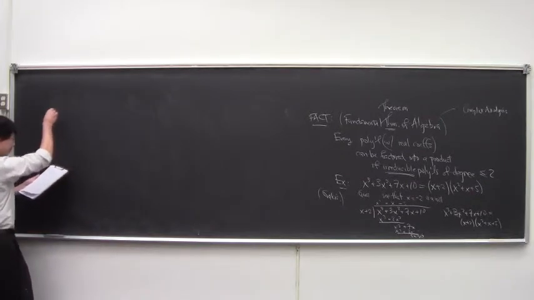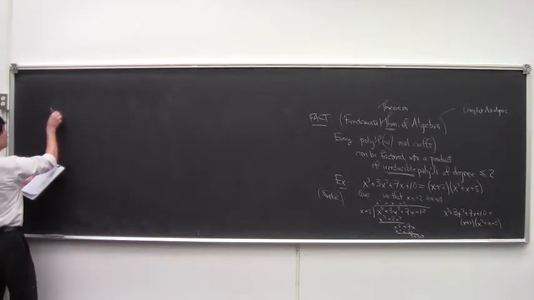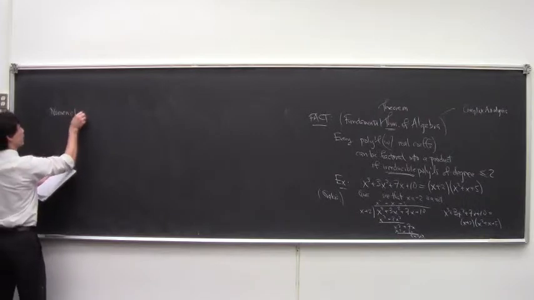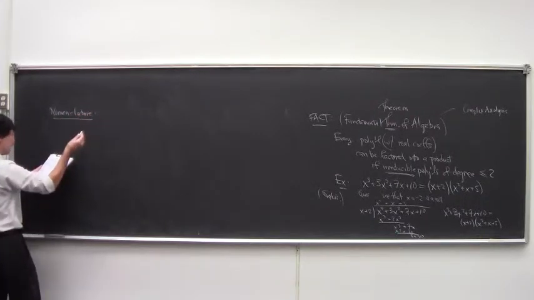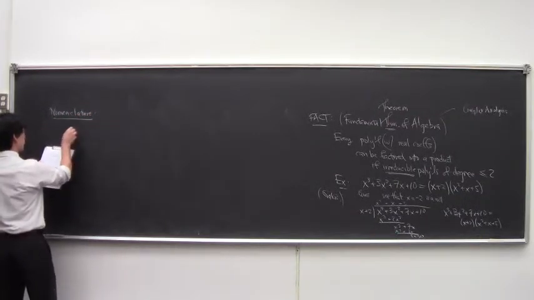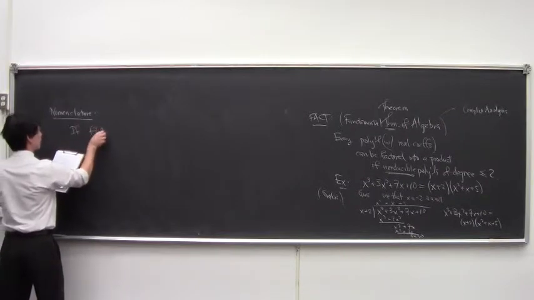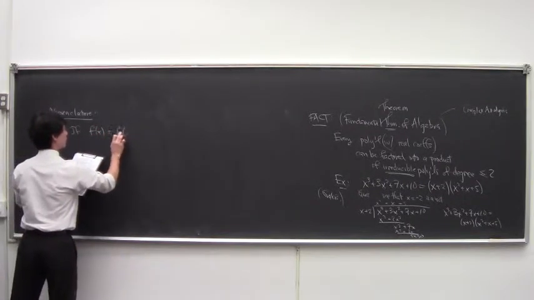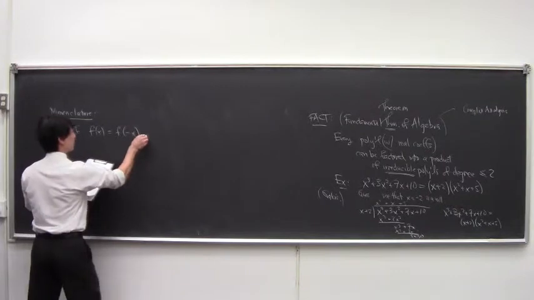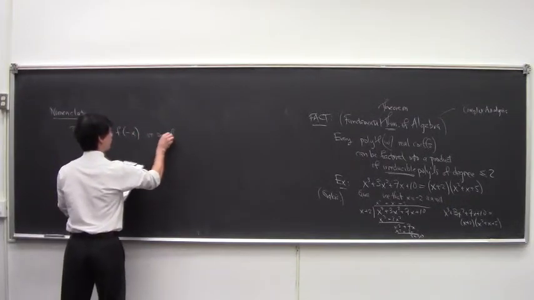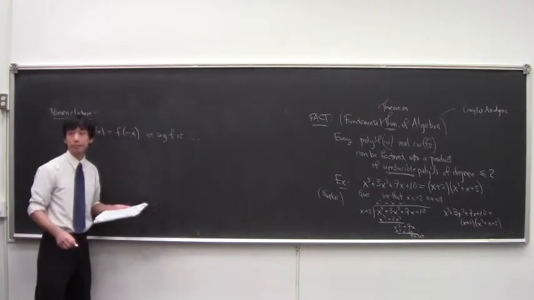Some other things that you've probably seen before, just some naming, nomenclature. So just some names. If f of x equals f of negative x, we say f is what?